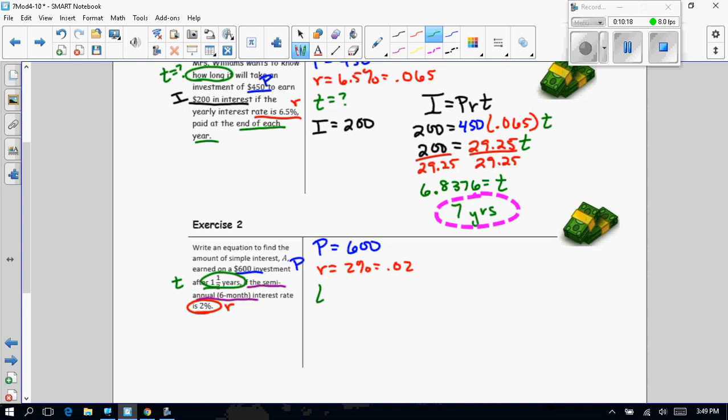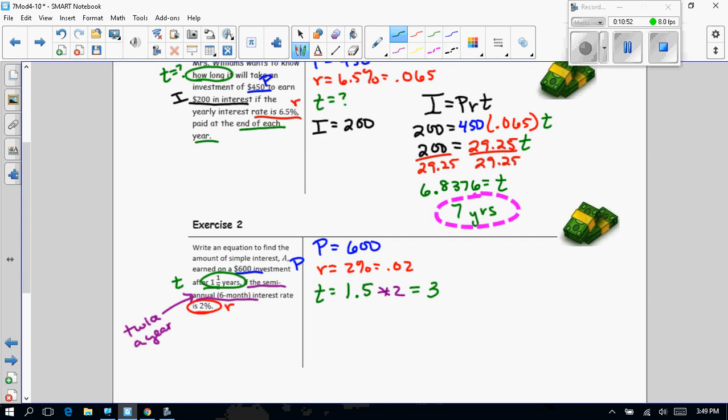Our time is 1.5 years, but remember, we're going to be doing this every 6 months. So that means twice a year, right? Twice a year, it's going to get calculated. So I'm going to take this and multiply by 2. So technically, this is like saying I'm going to get 3 years worth of interest in 1.5 years.